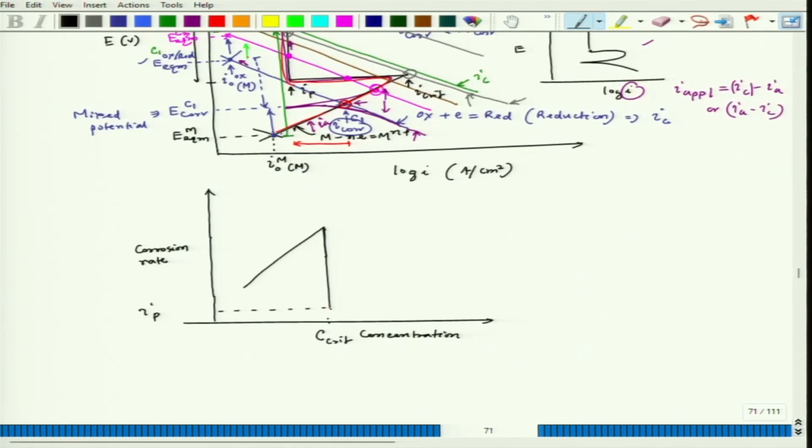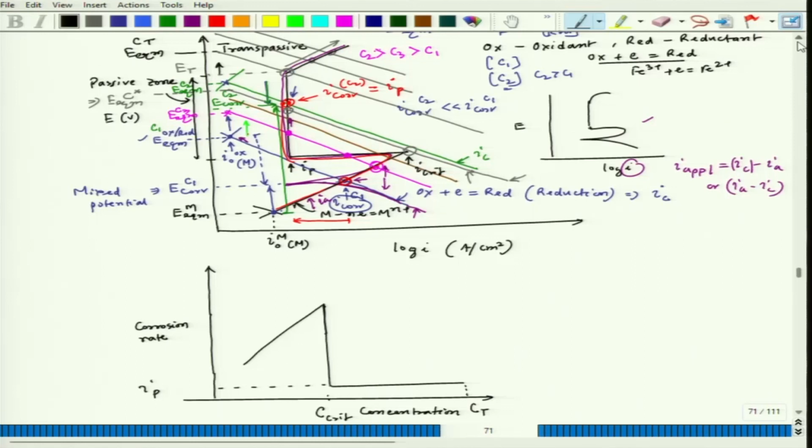So, then it will keep maintaining the passivity, and then once this CT is reached, which corresponds to the potential where that polarization line for the cathodic part cuts the anodic part at ET, or the potential corresponding to the transpassive potential, there again the corrosion rate will start increasing.